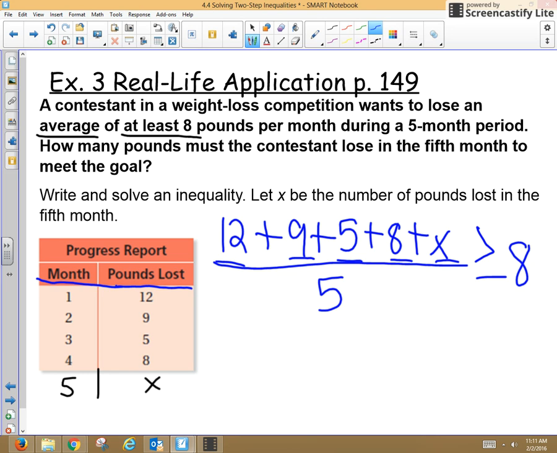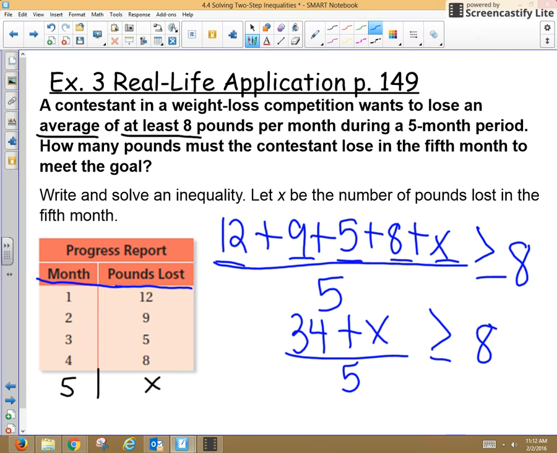So I use the greater than or equal to symbol to represent at least. Now let's combine: 12 plus 9 is 21, plus 5 is 26, plus 8 is 34. So we have 34 plus X divided by 5 must be greater than or equal to 8 pounds on average.